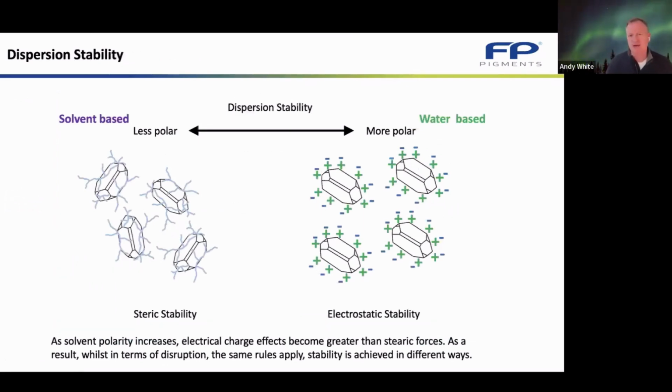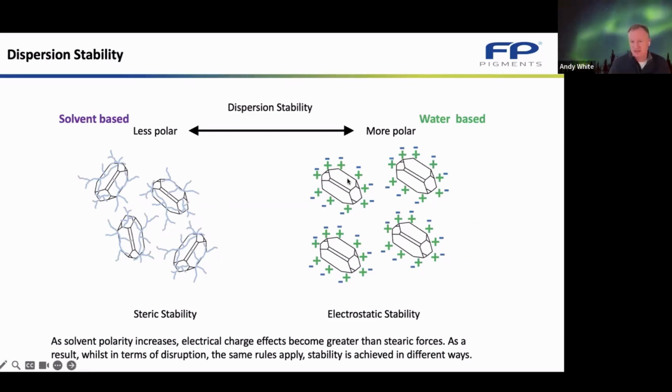Now, a few notes about dispersion stability. I could talk about this for a long time, but essentially it's important to understand that in solvent-based systems you don't have a lot of polarity, so you're looking to have steric stability. You want your dispersant or your polymer to create a little steric area so that particles don't bump into each other and the van der Waals forces pull them together.